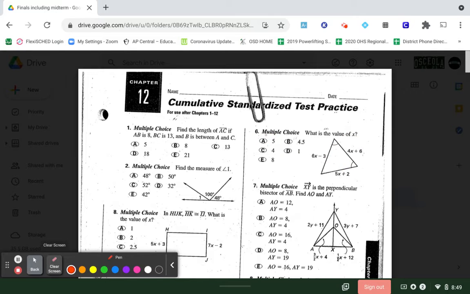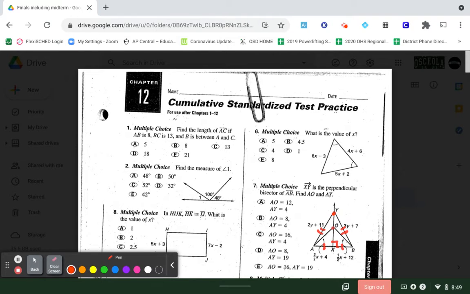XY is the perpendicular bisector. So let's just make sure that we write what that means. Perpendicular bisector. XY, perpendicular bisector. What do we know about perpendicular bisectors? Perpendicular bisectors divide segments exactly in half, and also it makes an isosceles triangle if you go from the two endpoints to the perpendicular bisector.